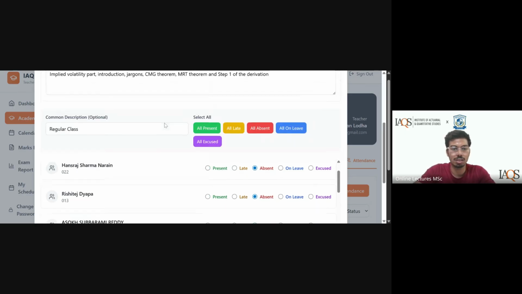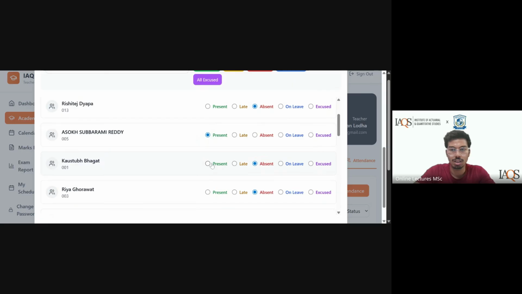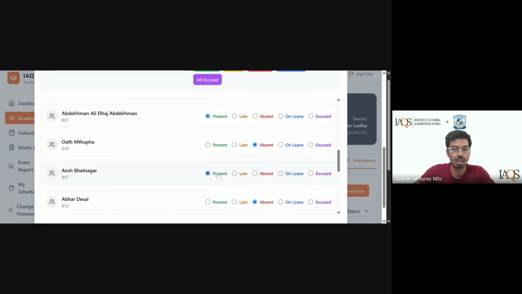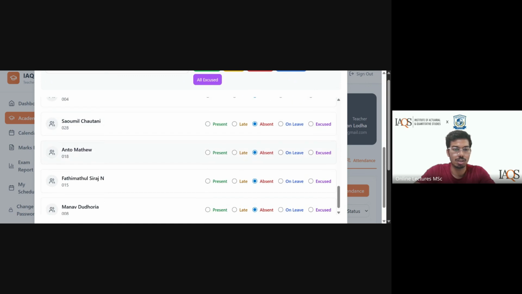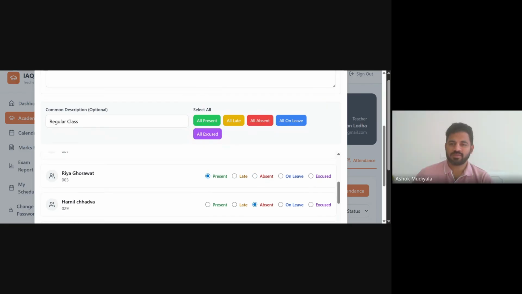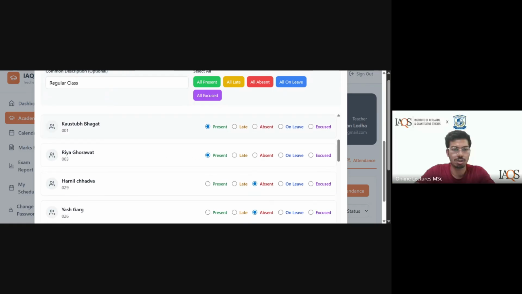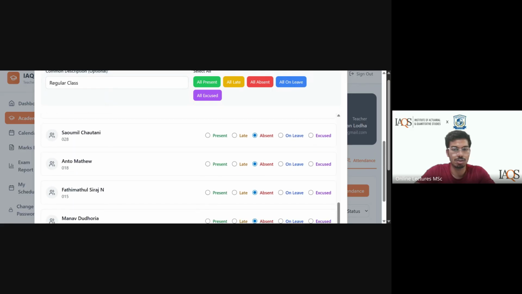Present: Bhavani, Ashok, Kaustubh, Riya, Anushka, Abdul Rahman, Ansh, Tom.